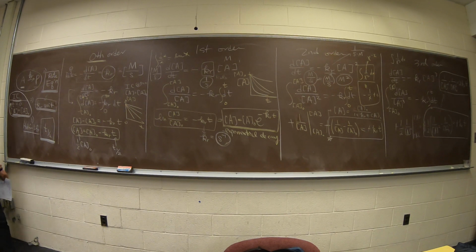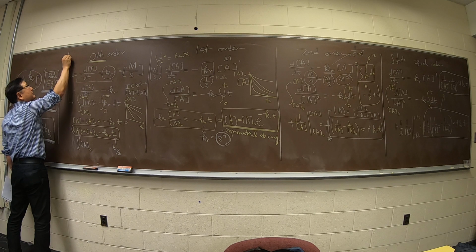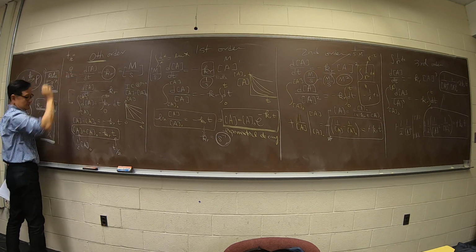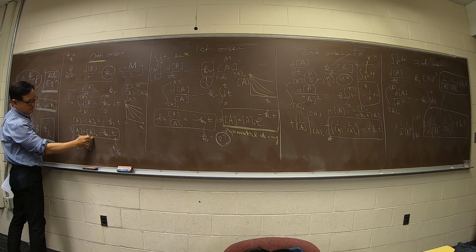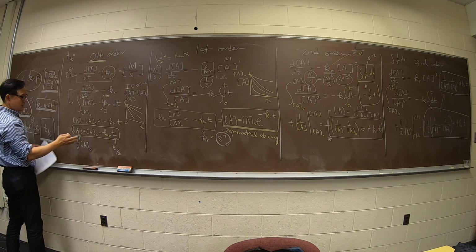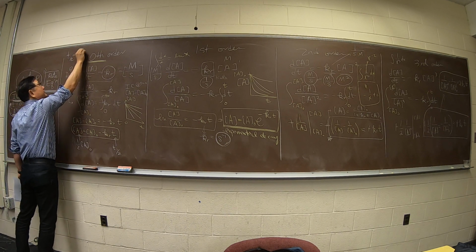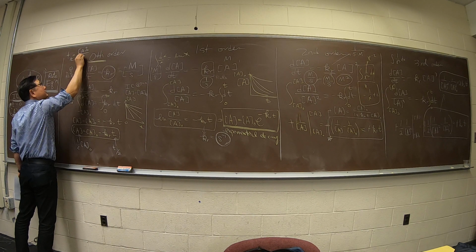Okay. So here, the zeroth order half-life. Okay, so this one goes down into 1.5. Negatives, let me cancel it out. A naught divided by 2.